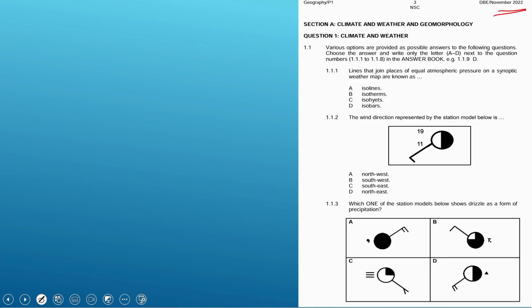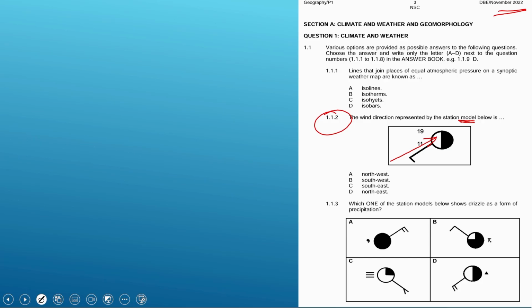So this is 2022, November. I want you to look at this one first. Wind direction represented by the station model. Remember, we're using the term model. Remember what we said: you look at the lever first, and the wind flows into the weather station.